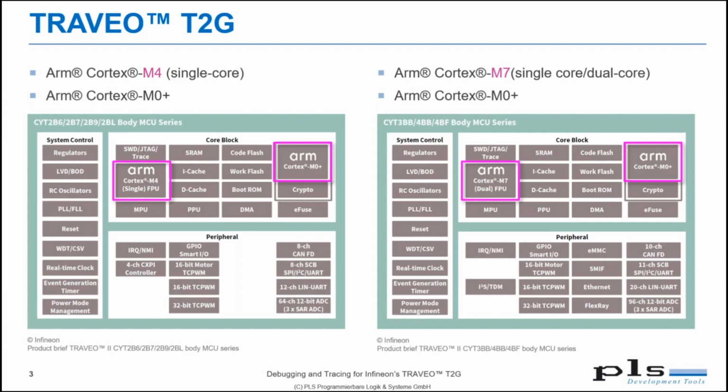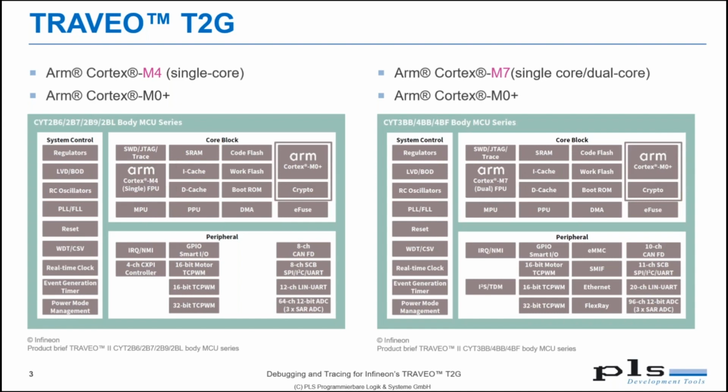The same is for the cluster devices, where there are variants with Cortex M4 as well as single and dual Cortex M7 variants available. Besides the main CPU, or in the high device, the main CPUs with the dual core M7, there is always a Cortex M0 Plus integrated, which is for security, and we call them HSM, which stands for Hardware Security Module.